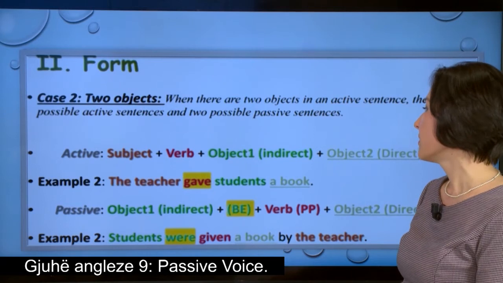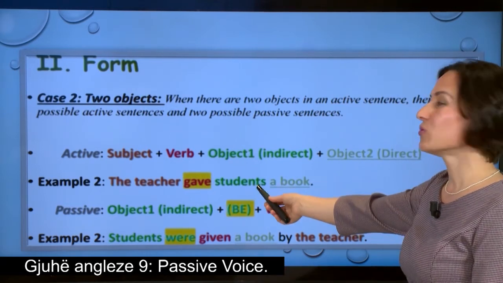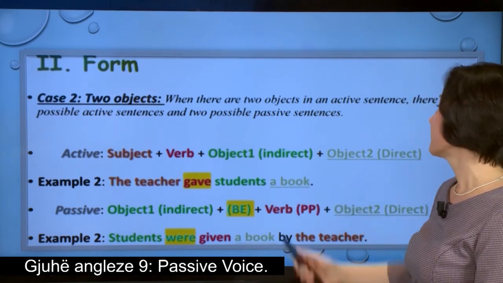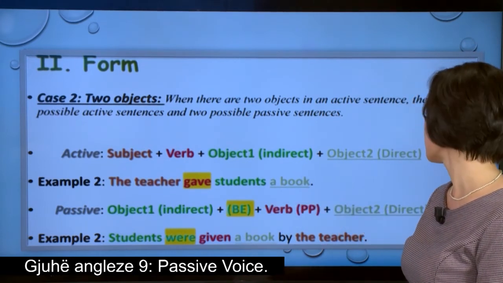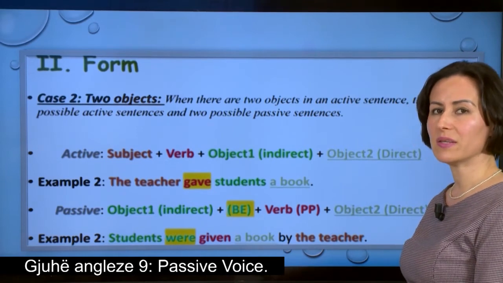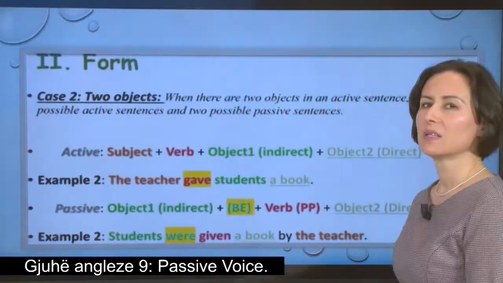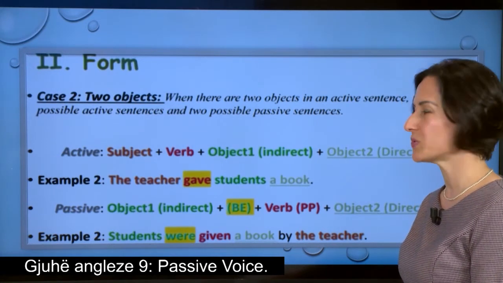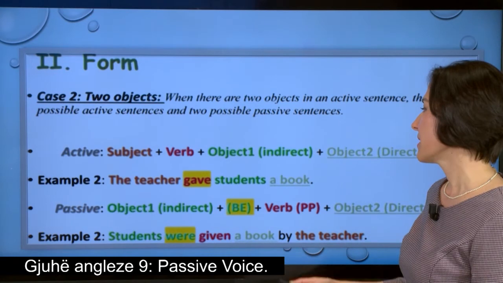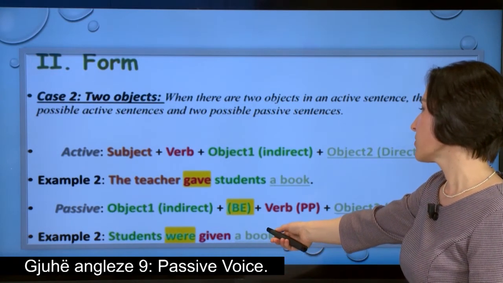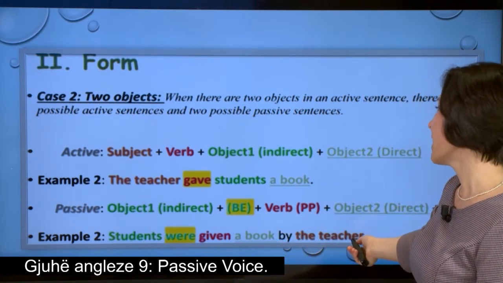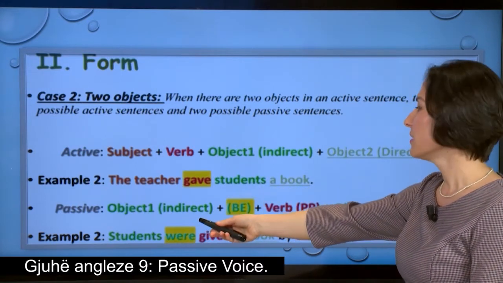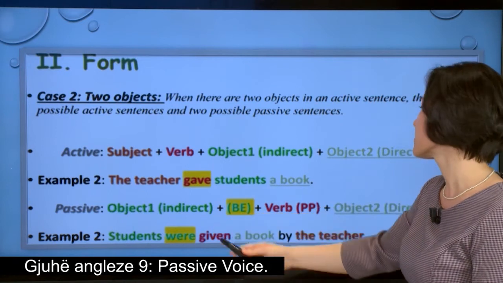So, the first object is students in the plural, and a book, the second object, which is a direct one, in the singular. By referring to the above grammar structure, we can notice this sentence: students were given a book by the teacher. Students is the new subject in the passive voice sentence.